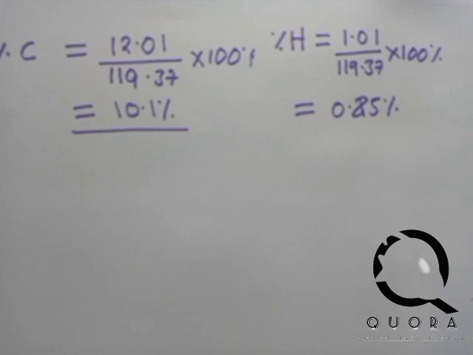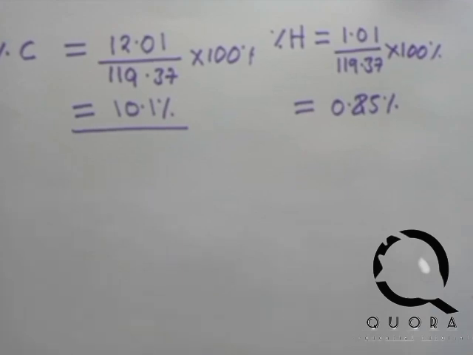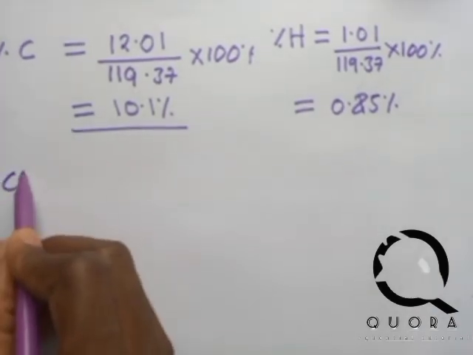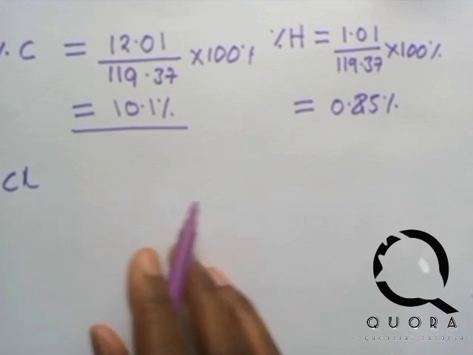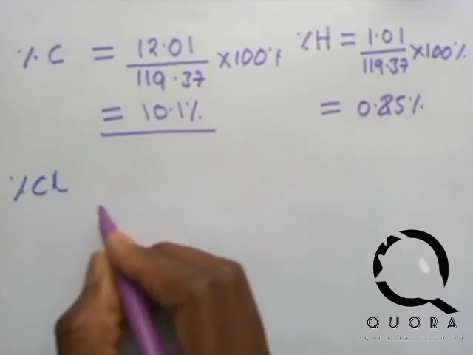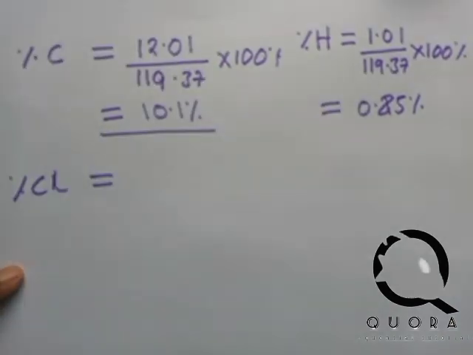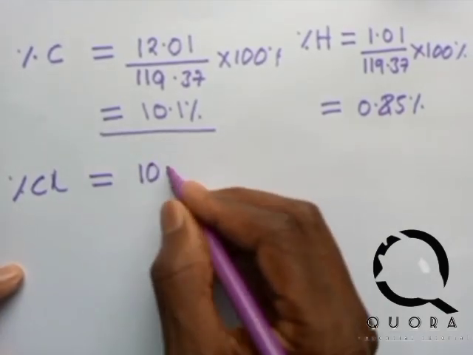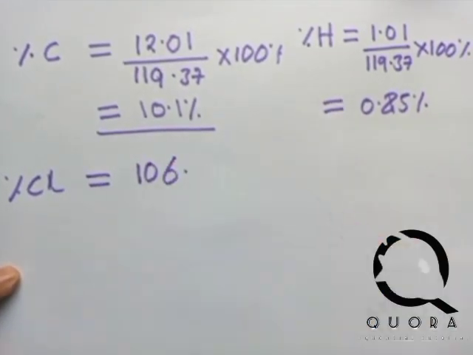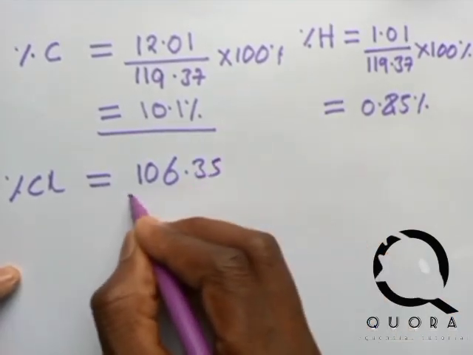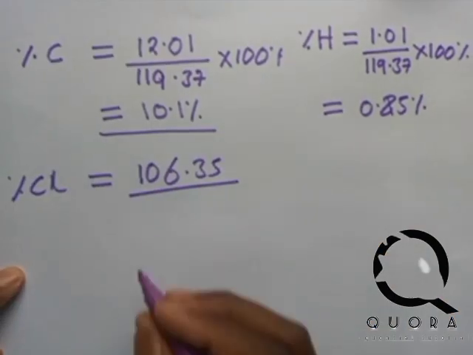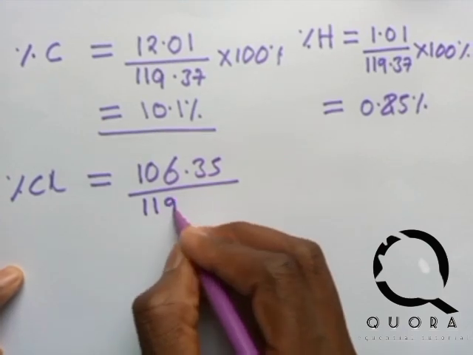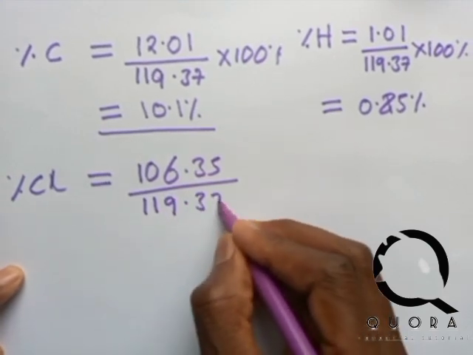Remember, our main aim is to make sure that the total percentage adds up to 100%, meaning that you are doing the correct things. So I'll come to chlorine. The percentage composition for chlorine must also be calculated like what we have been doing. What is the molar mass of chlorine? We are saying it has to be 106.35. You divide this by the total molar mass, which is 119.37.